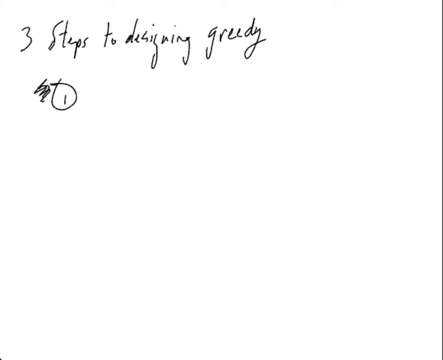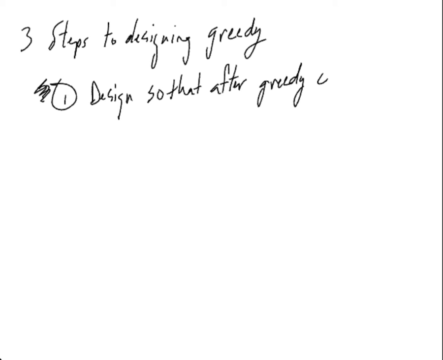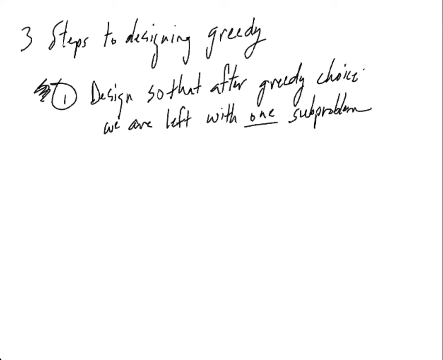The first step is we want to design the algorithm so that after we make a choice, we are left with a single subproblem to solve. Now in dynamic programming, we're not so concerned with that. We can have multiple subproblems that we call recursively. In greedy, we only want one.